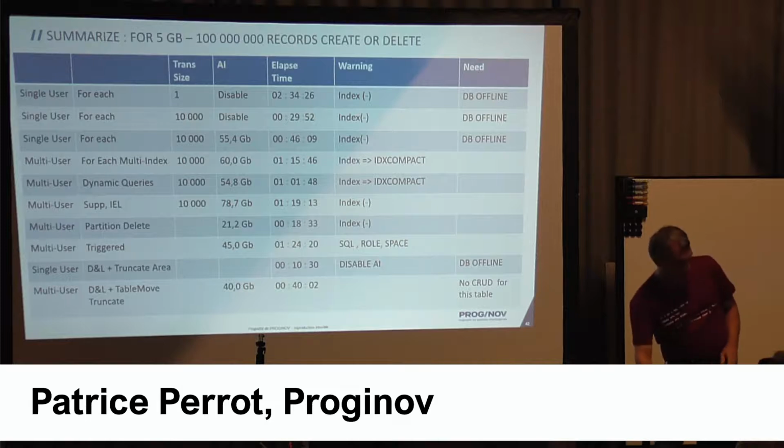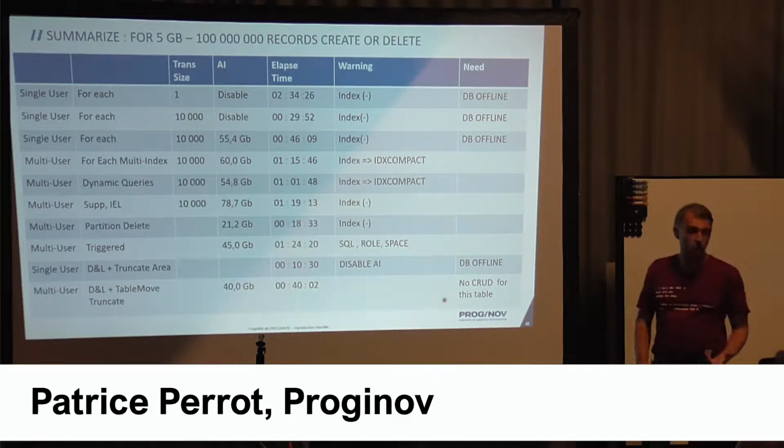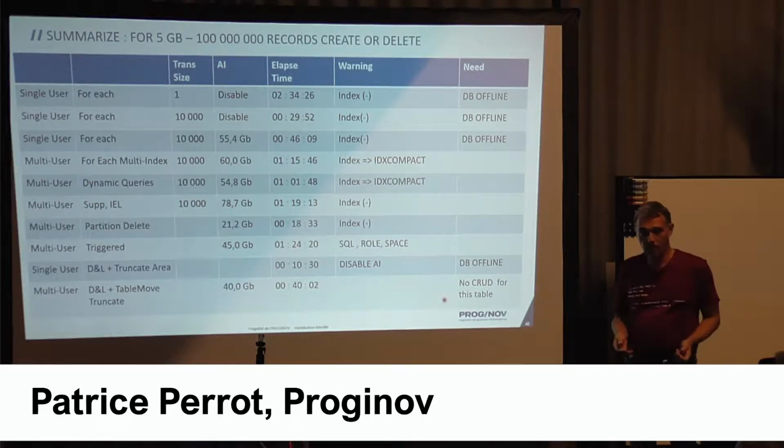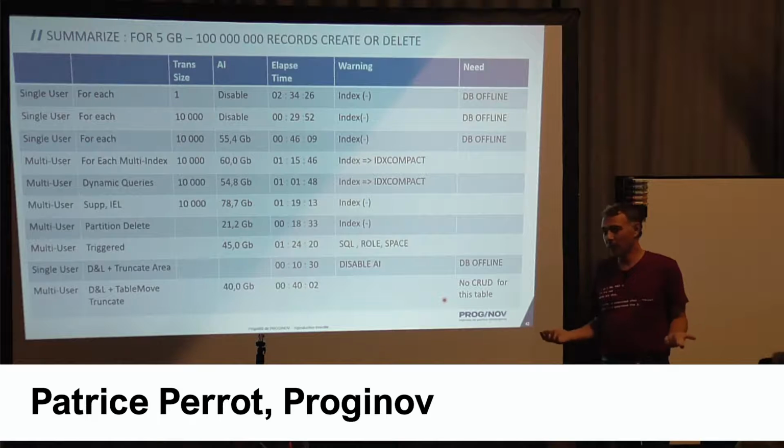The disadvantage of the last one: you cannot have create, read, update, delete on this table at this time. If you do create, update, delete on this table during your process, you could lose your data. It's bad. And read, depending on the time when you are doing it, just after the table truncate, you have no data.